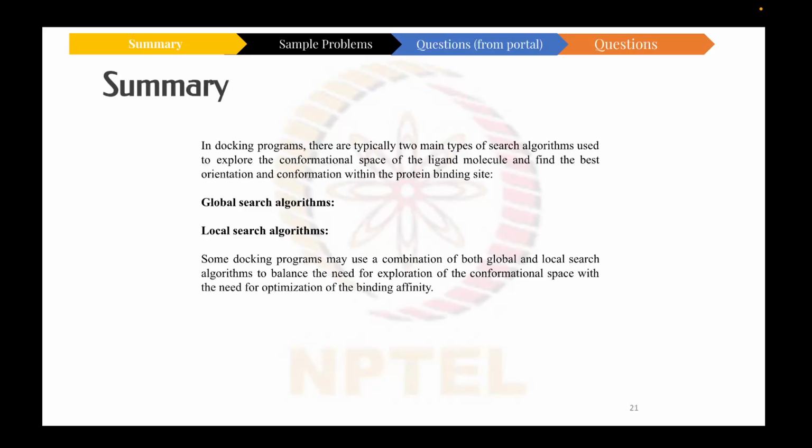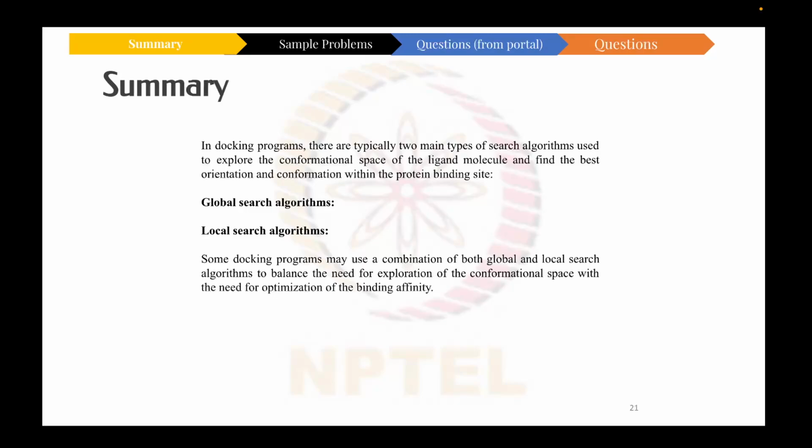Certain docking programs may integrate a blend of both global and local search algorithms to balance the exploration of conformational space with the optimization of binding affinity. The choice of algorithms hinges on factors such as the program's underlying algorithms, size and complexity of the molecules involved, and availability of computational resources.